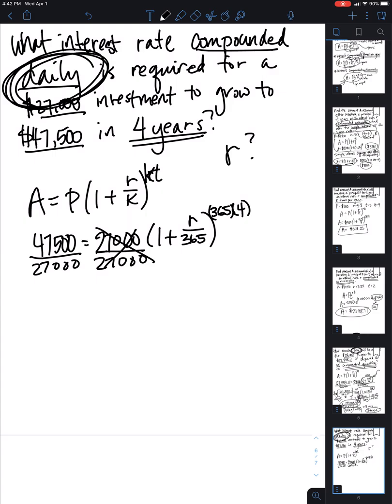All right. So I'm going to have 47,500, 27,000. And I'm going to have 1 plus R to the 365. And then 365 times 4 is going to be 1460.